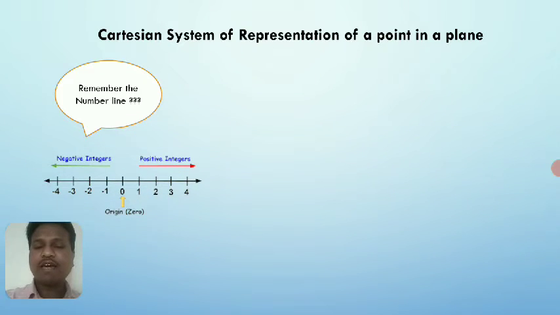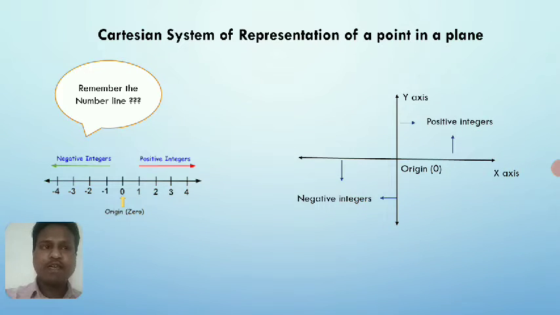The numbers on the right-hand part of 0 are known as positive integers, whereas the numbers on the left-hand side are negative integers. Somewhat similar is the case here, as you can observe in the slide. The numbers above the x-axis are positive, below the x-axis are negative. That can be considered on the basis of sign conventions. How to represent that, we are going to see.